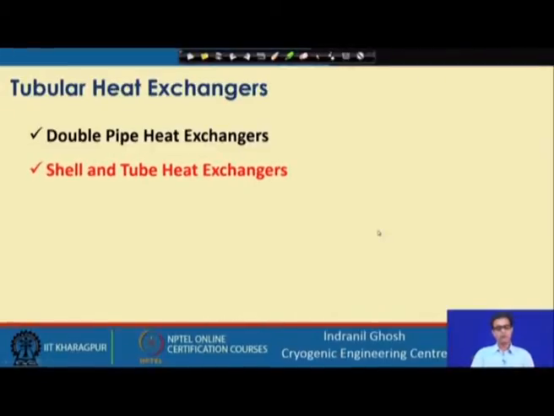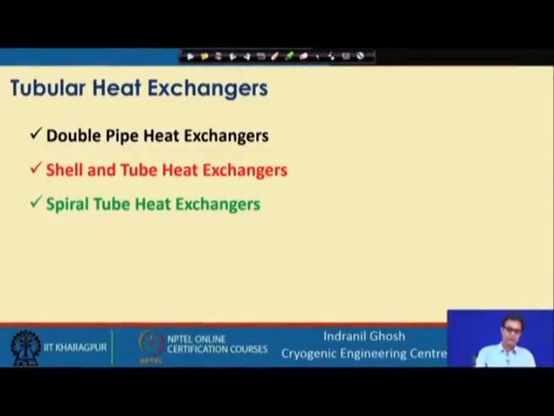Then we will talk about the shell and tube heat exchangers, and another variety of it is the spiral tube heat exchangers. Before going into the details, we will just have a look at how these exchangers look in reality.